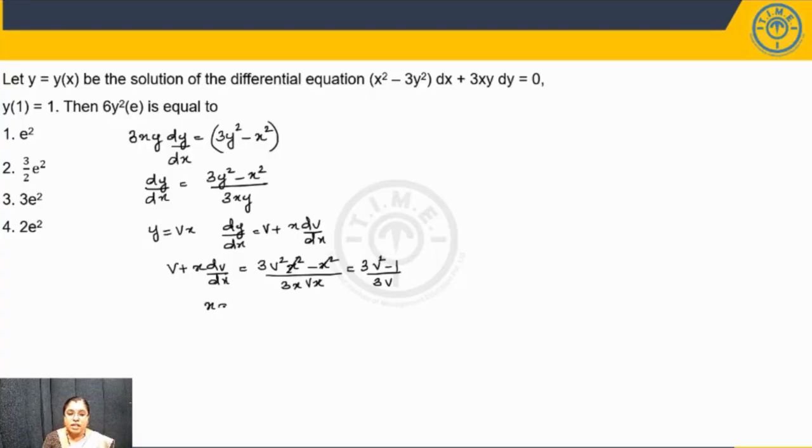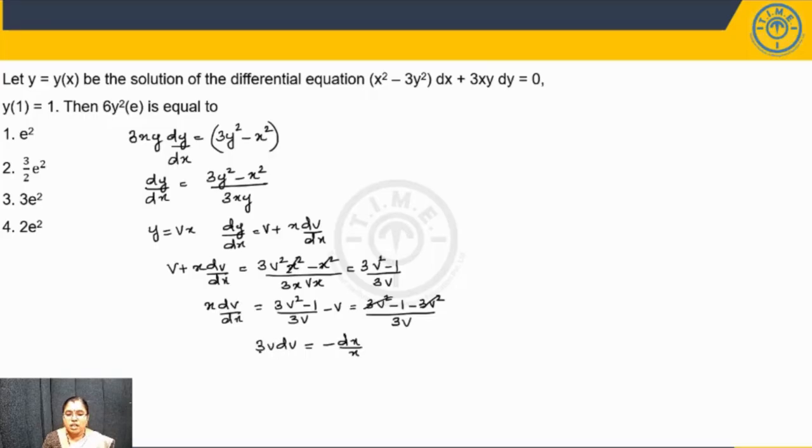So we have x dv by dx is equal to (3v square minus 1) divided by 3v, minus v, or we have (3v square minus 1 minus 3v square) by 3v. This is the expression. So 3v cancels. So now we have 3v dv equal to minus dx by x.